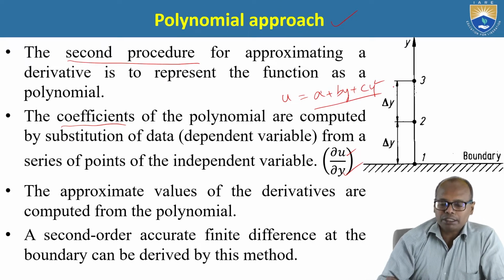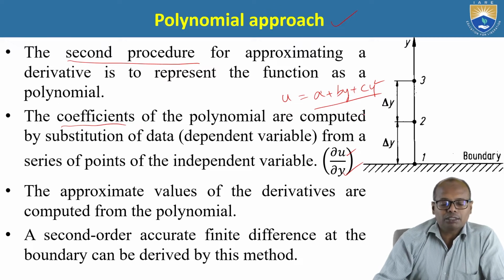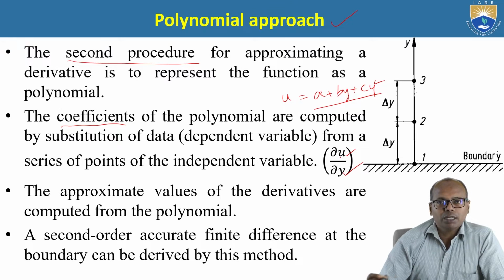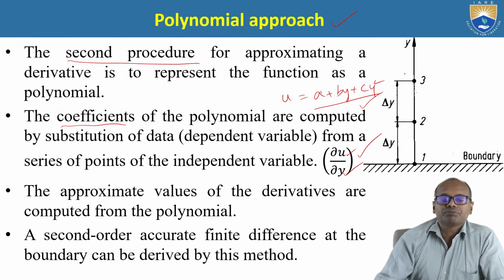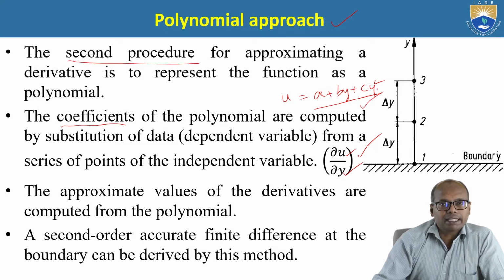So this is a polynomial expression. We are expressing the dependent variable in terms of the independent variable as a polynomial series, and using that we find the approximate finite difference approximations for dou u by dou x, dou u by dou y, or dou square u by dou y square, from the polynomial that we have selected.